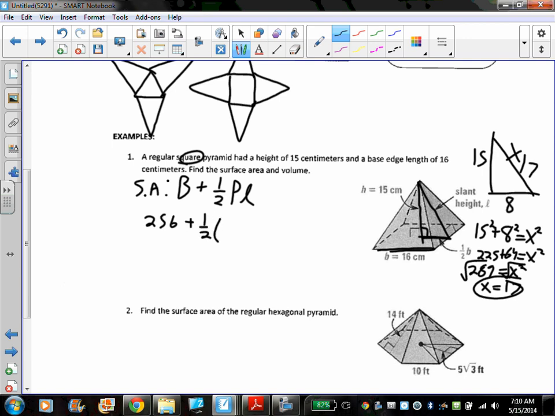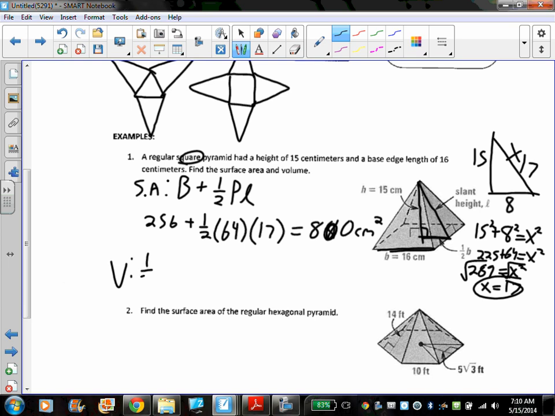Plus 1/2 the perimeter of the base will be that 16 repeated 4 times, and 16 times 4 is 64, times the slant height, which we just calculated was 17. So if I do 256 plus 0.5 times 64 times 17, we discover that the surface area is 800 centimeters squared.